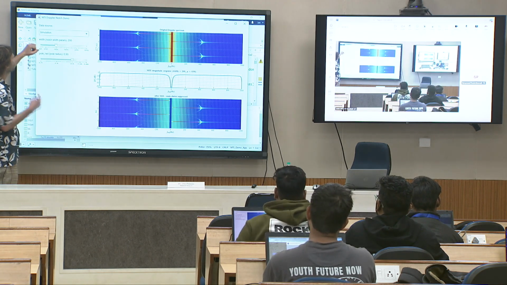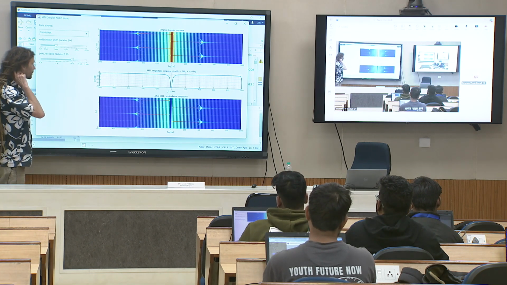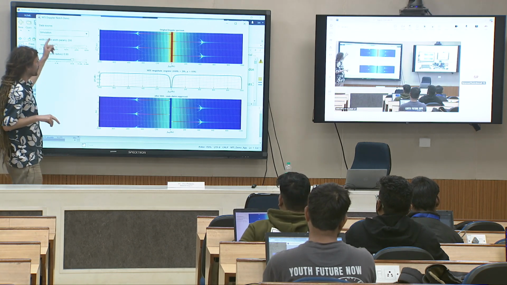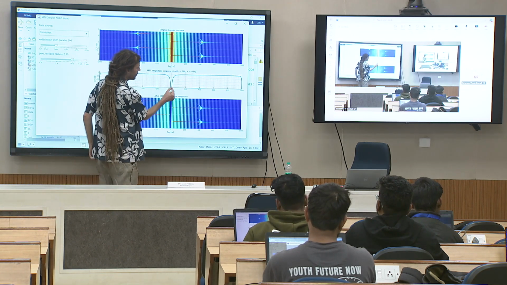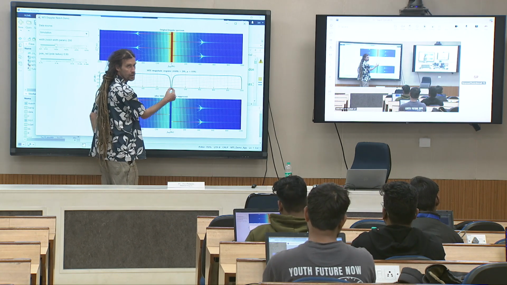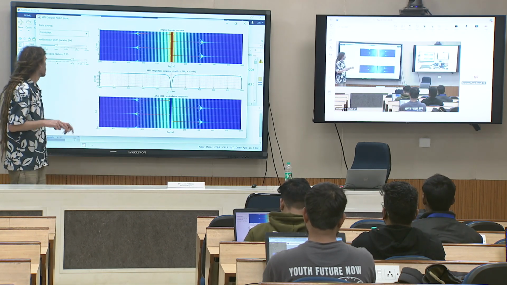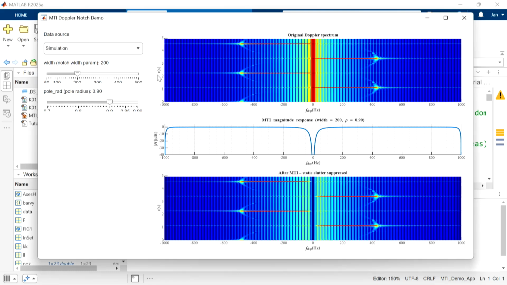This is the notch width parameter that you are setting. This width just defines how far away around 0 the notch extends. Okay, we will play with it. If I go to the extreme 0, you can see there is still some width.